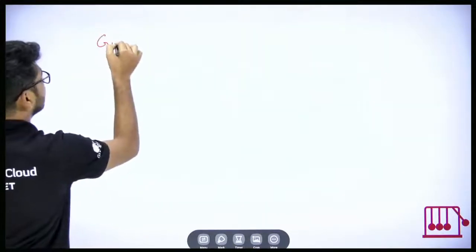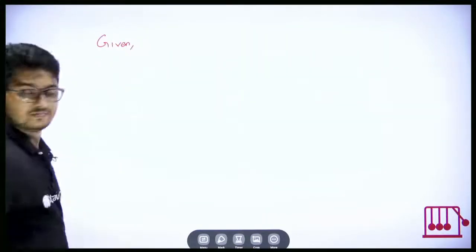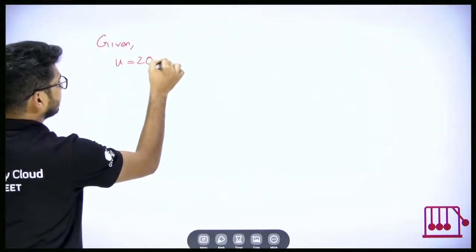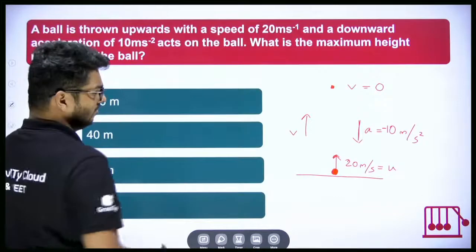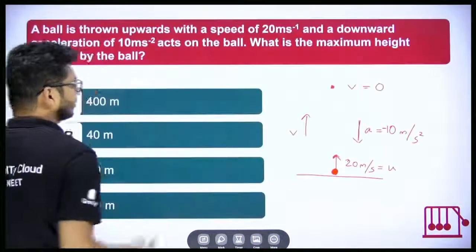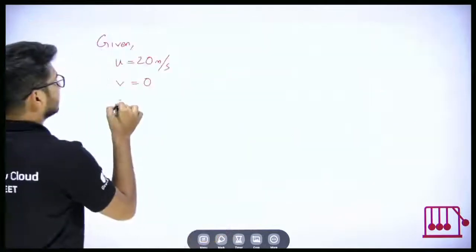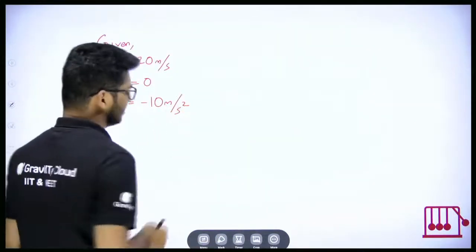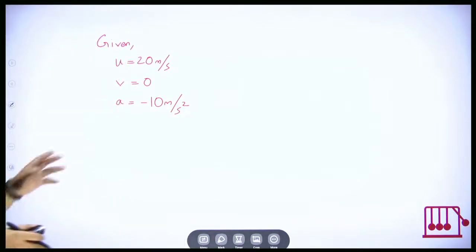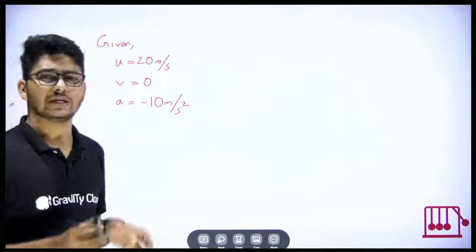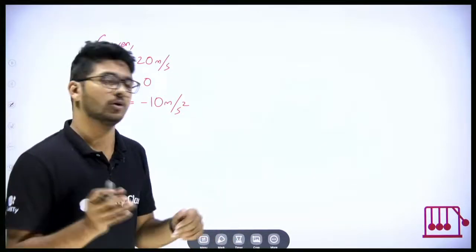So if I write down the given information here, given u is equal to 20 meters per second, final velocity v is equal to 0, and acceleration is, do not forget the sign, minus 10 meters per second square. Do not forget the negative sign. Very, very, very important.